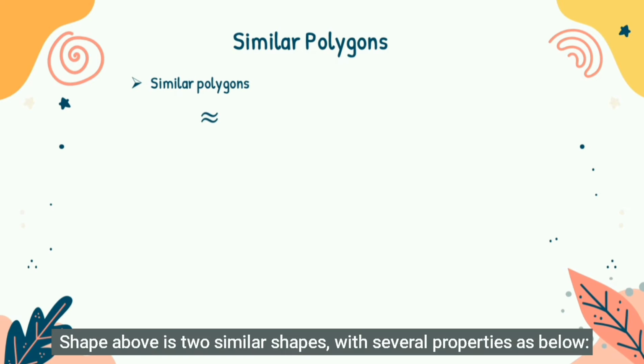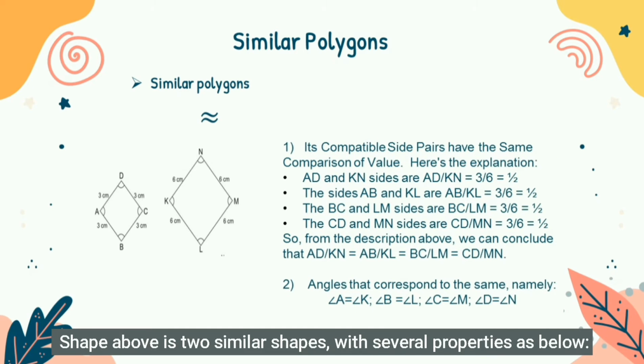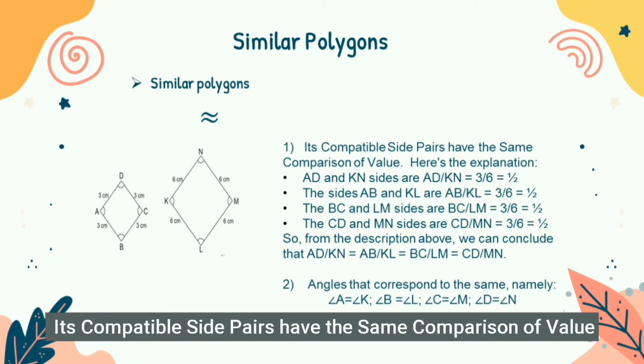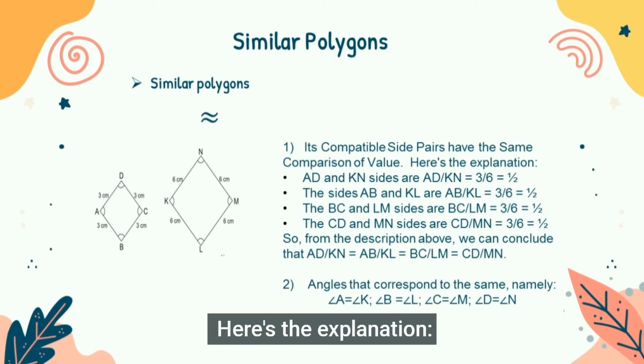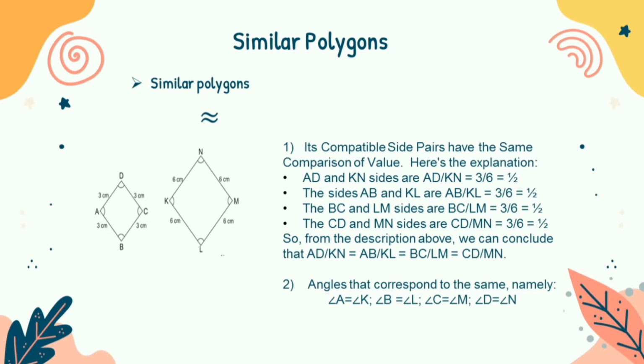The shapes above are two similar shapes with several properties as below. First, the corresponding side pairs have the same comparison value. Here's the explanation. Sides AD and KN: AD over KN is equal to 3 over 6, which is equal to a half.